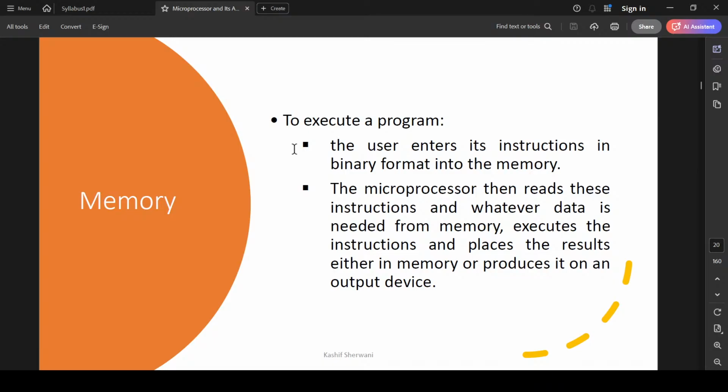The microprocessor then reads these instructions and whatever data is needed from the memory, executes the instruction, and places the result in the memory or on the output device.